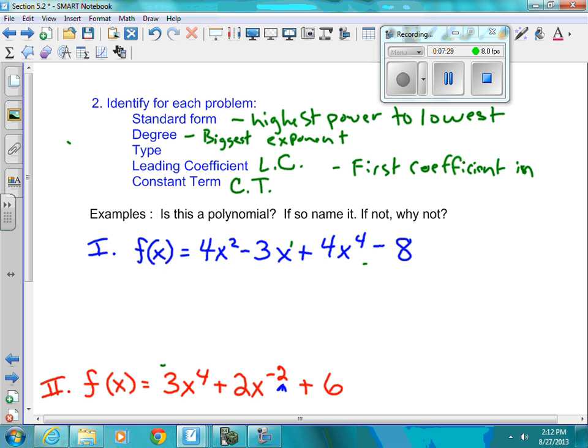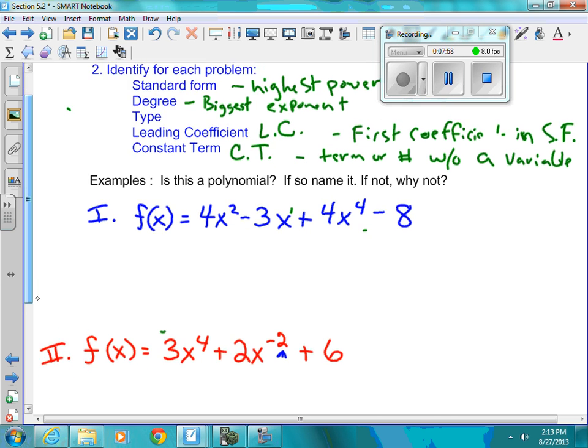And the constant term is the term or number without a variable. So we're going to identify these from each piece.